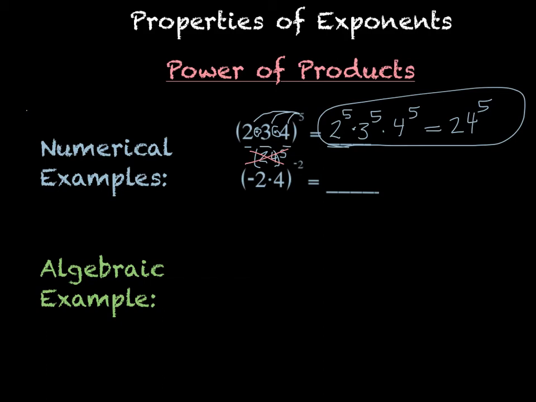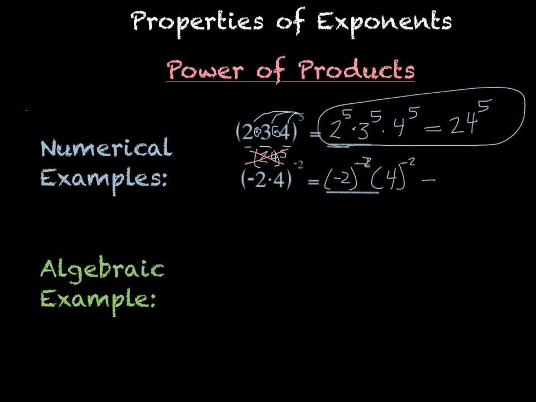The next one, we have negative 2 times 4, all to the negative 2 power. There are 2 ways to do it. We could go negative 2 to the negative 2 power times 4 to the negative 2 power.